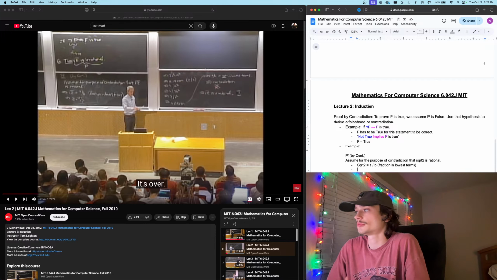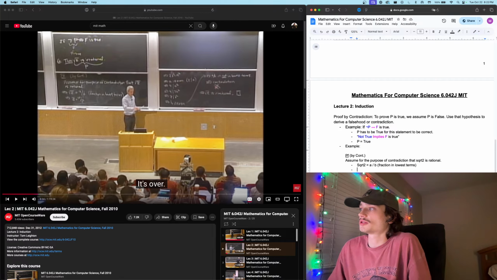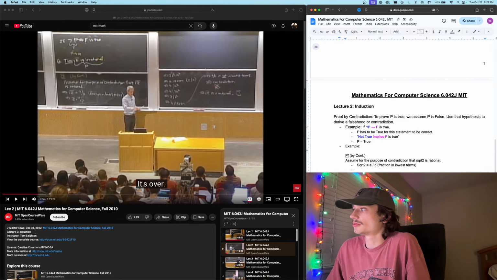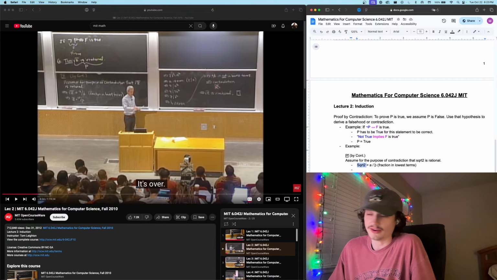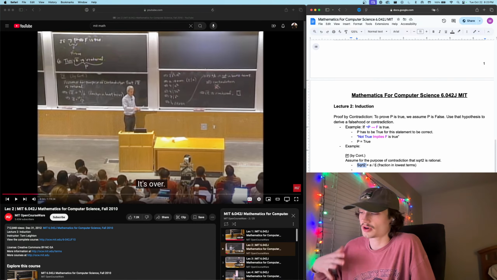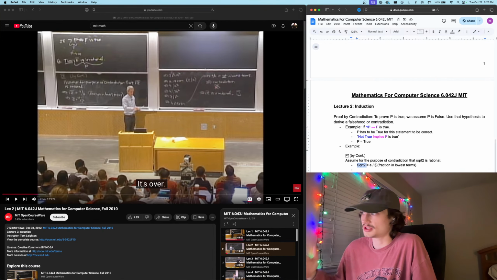Rational means a ratio of integers. So the square root of 2 is represented as a ratio of integers. And this is a fraction in its lowest terms, which means it can't be reduced down any further. Correct me if I'm wrong, but please put something in the comments.